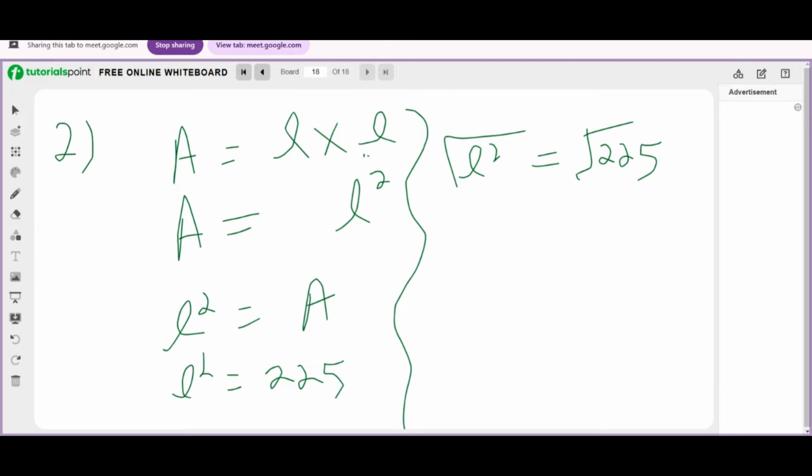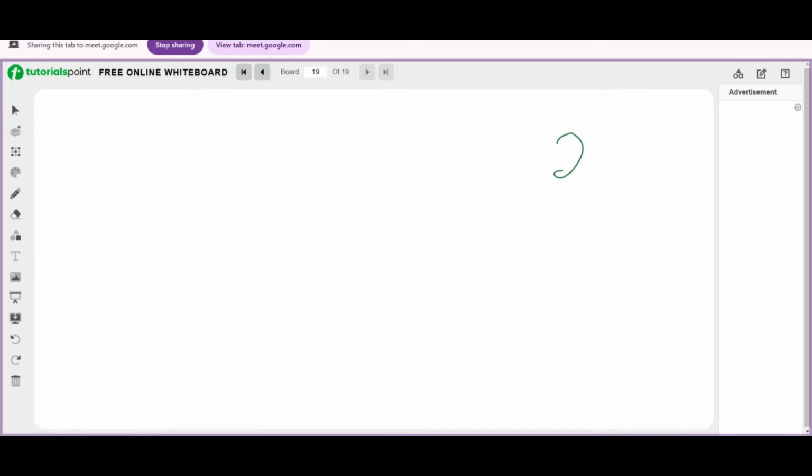No. You have to do the prime factorization of 225 like this.